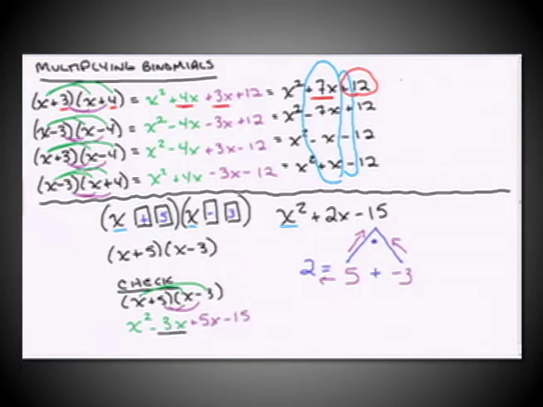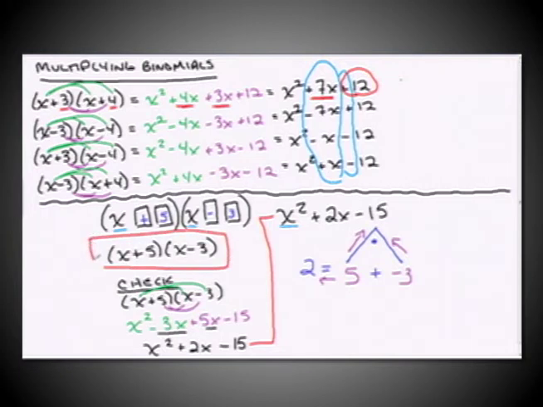Combining like terms, we get x squared plus 2x minus 15, which sure enough is an exact match to the polynomial we began with. So the factored form of this polynomial is x plus 5 times x minus 3.